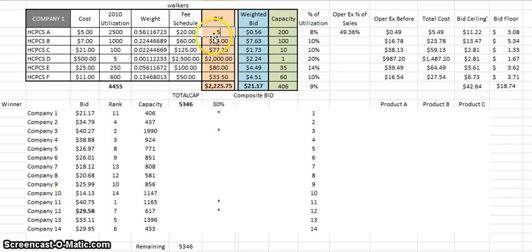Similarly, we wouldn't want to just put, let's say, $5.50, because even though our direct cost for HCPC code A is $5, we still have to take into consideration our operating expense associated with that HCPC code. So how do we figure out our operating expense for that HCPC code?